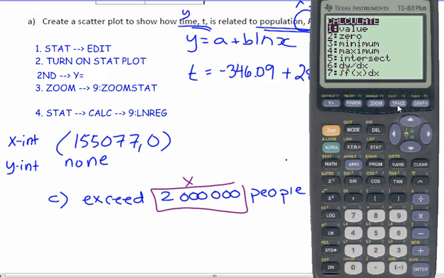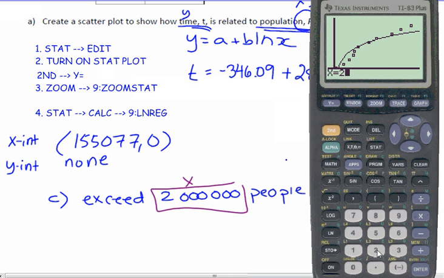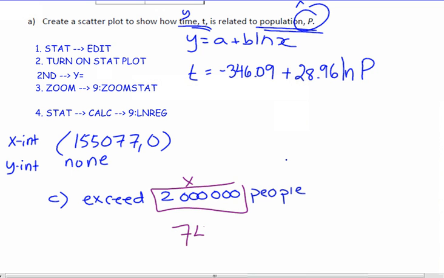Second trace, 1 for value, we can type in 2 million. If it gives me an error, what is wrong? You just zoom out, right? If you push this and it was beyond your graph, then you would have to zoom out when you extrapolate. Okay, so time would be equal to 74, was it years? Years.